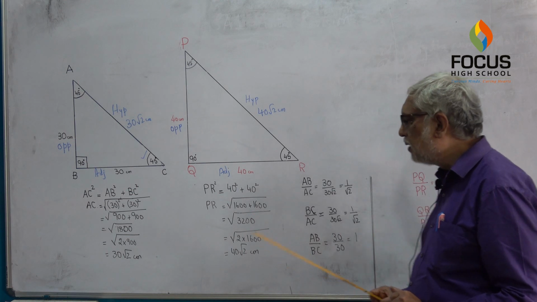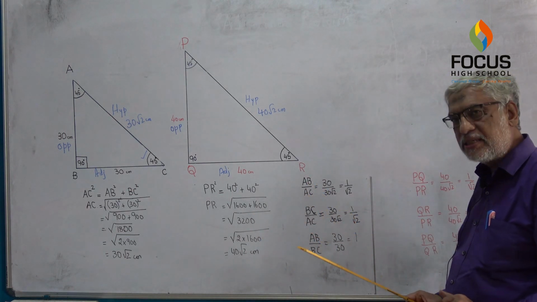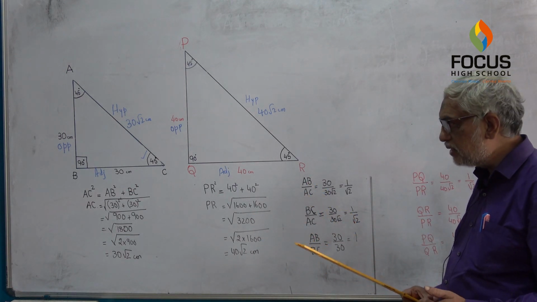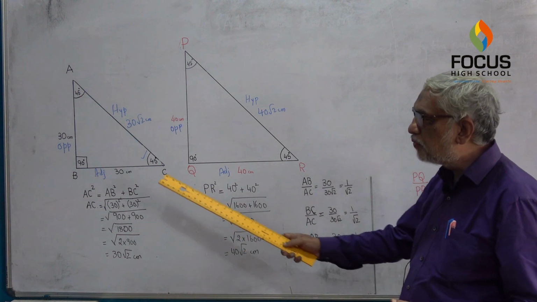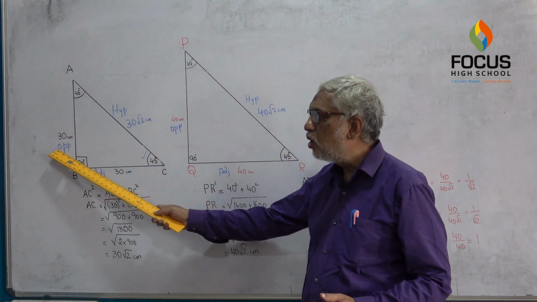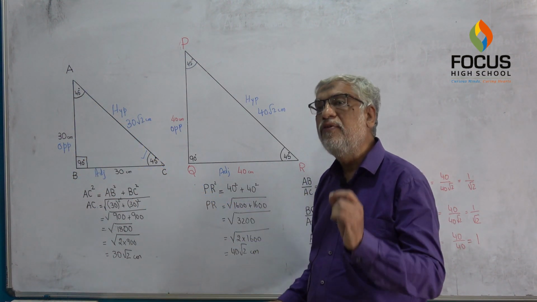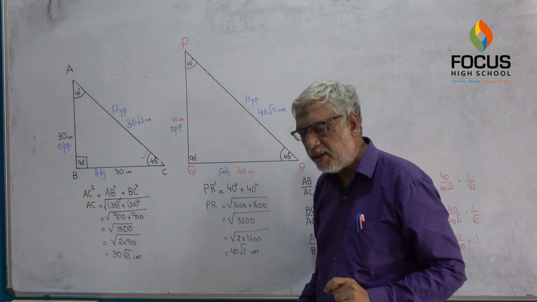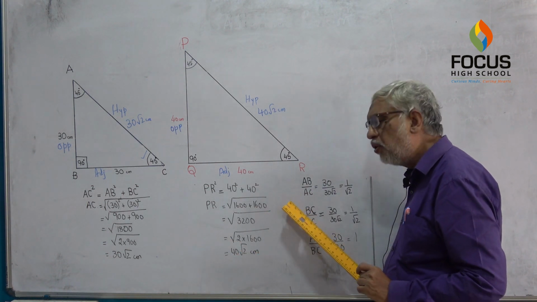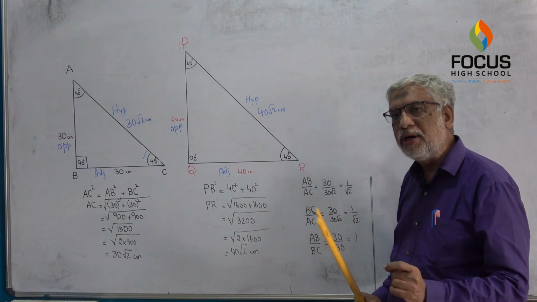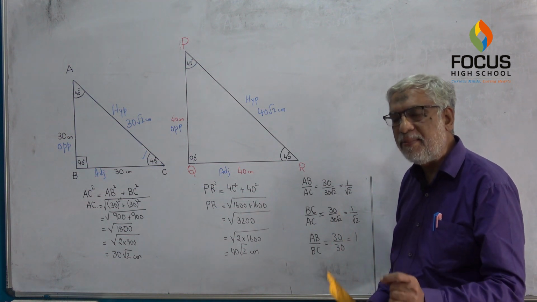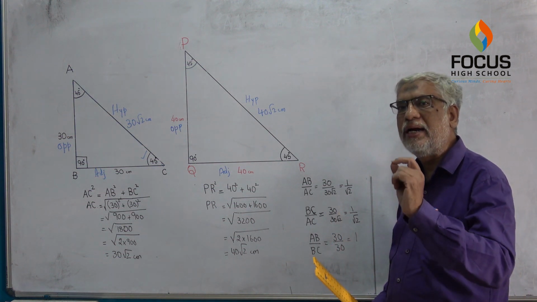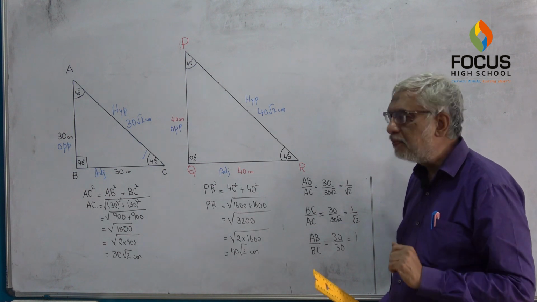That means AB by AC, in terms of angle theta, is opposite upon hypotenuse. We give it a particular name. This ratio, opposite side upon hypotenuse, we name as sine of the angle theta, sine theta.